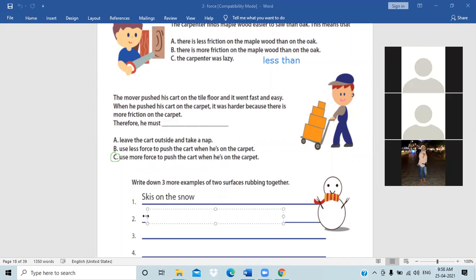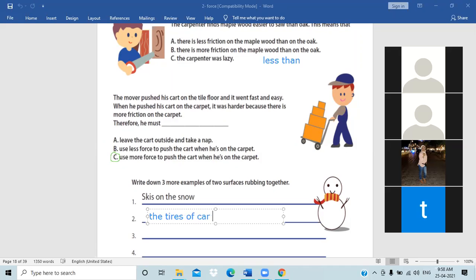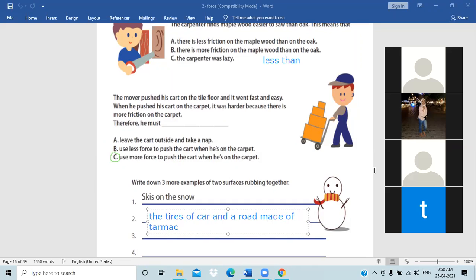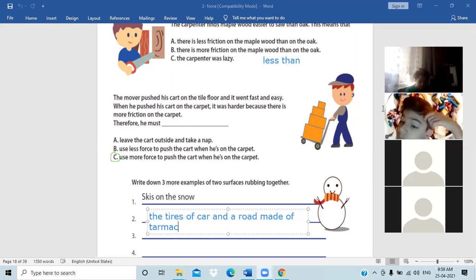The tires of a car and a road of tarmac. Okay, thank you, Malik. Who would like to give me another example?